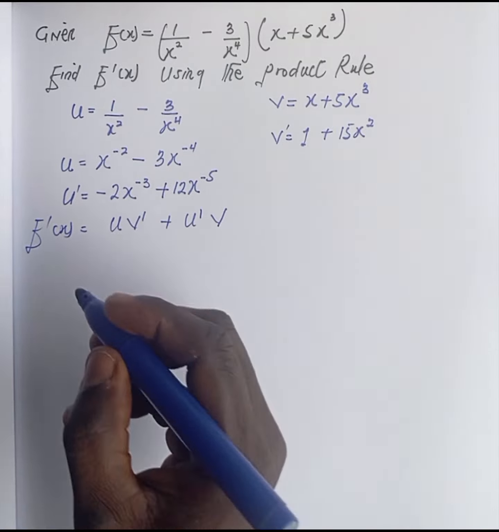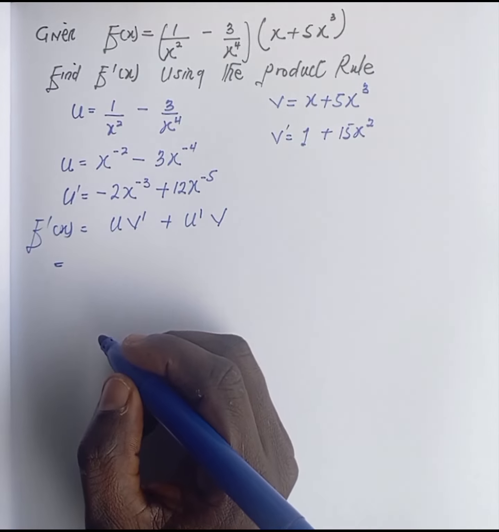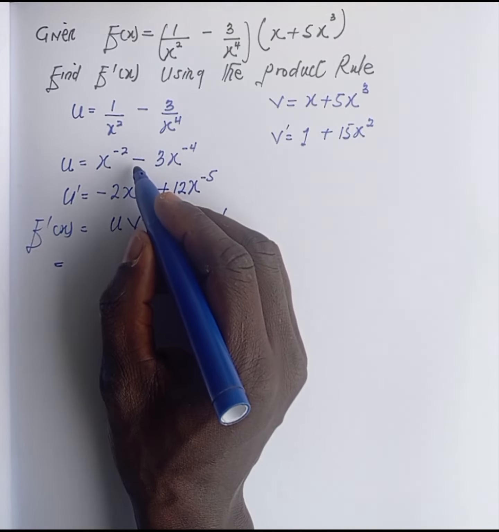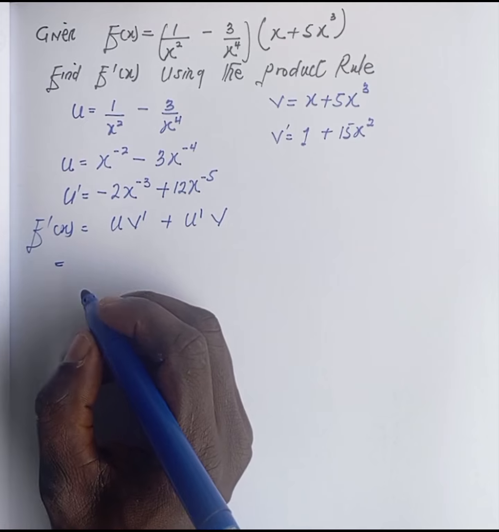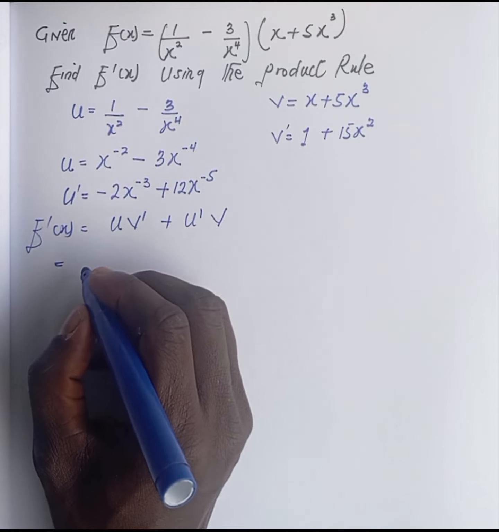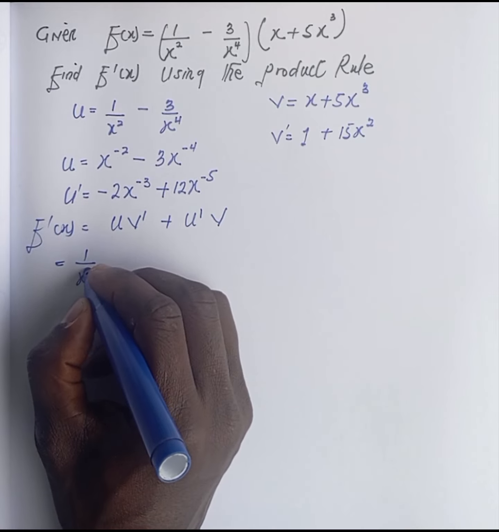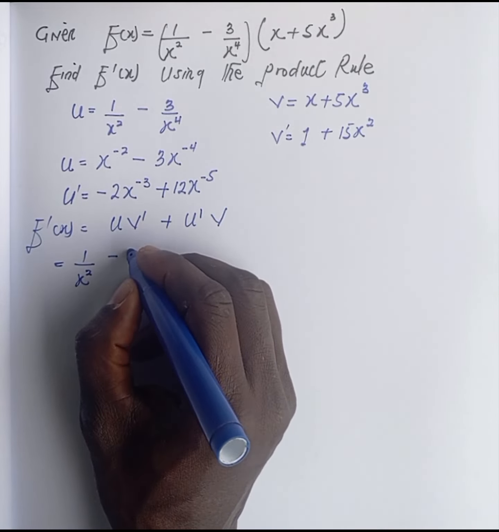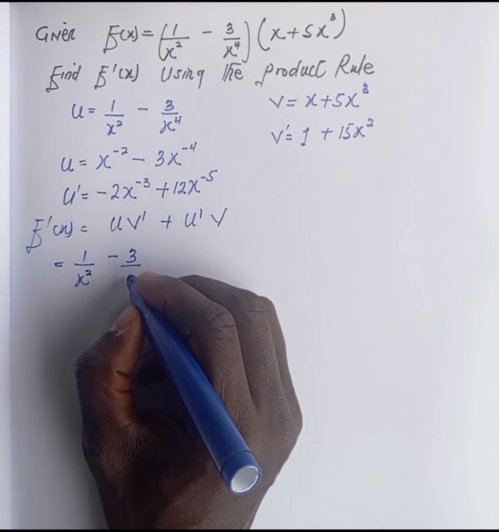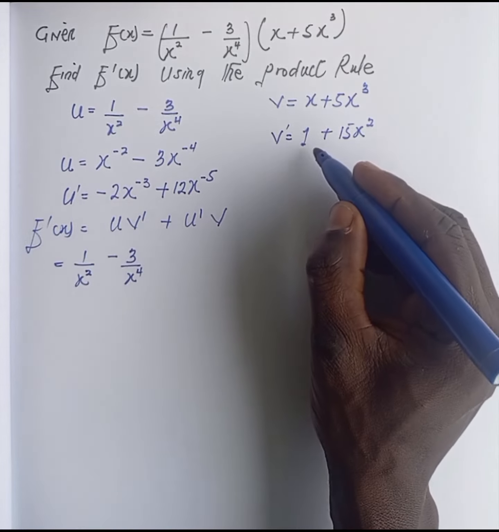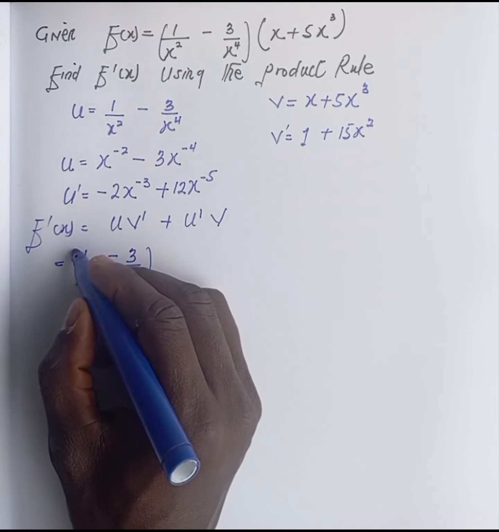So what we are going to do is just do our substitution. Where is our u? Our u is this, okay? So you can write them. We have 1 over x squared minus 3 over x power 4. That is our u. Now this is v prime, so we multiply it by that.